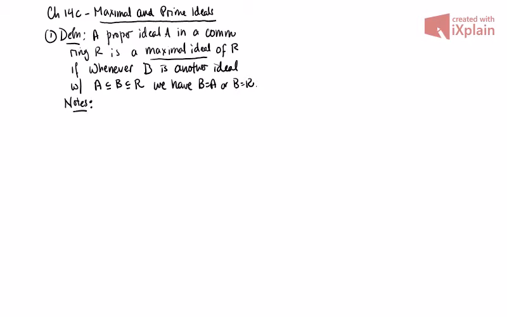This only applies for proper ideals, so using R itself doesn't actually make any sense. It makes the statement vacuously true if A were the entire thing. So this is why it's excluded.